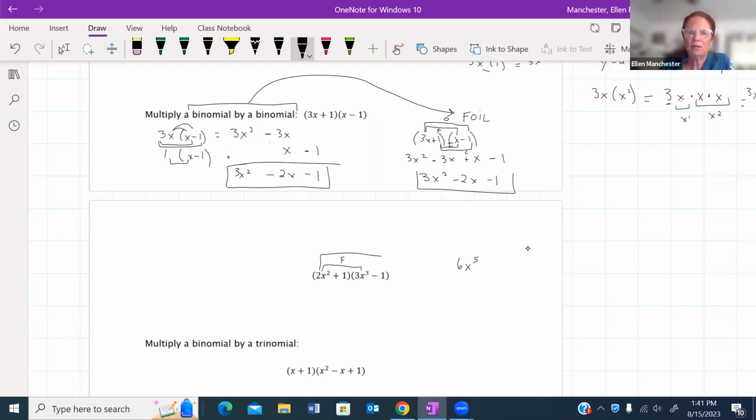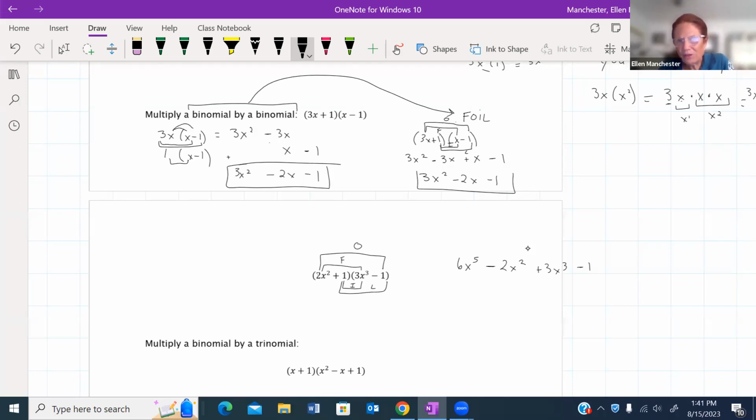Outside, 2x squared times -1 is a -2x squared. Inside, 1 times 3x cubed is plus 3x cubed. And last, 1 times -1 is -1.